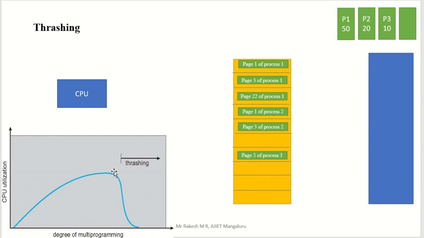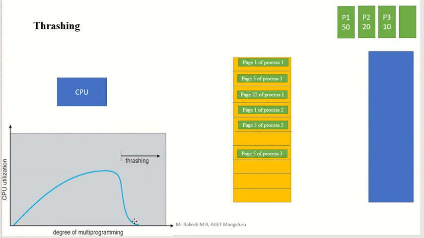But the size of the memory is small, so more page faults will occur. As the page faults increase, the degree of multiprogramming decreases and CPU utilization decreases. That concept is called thrashing.